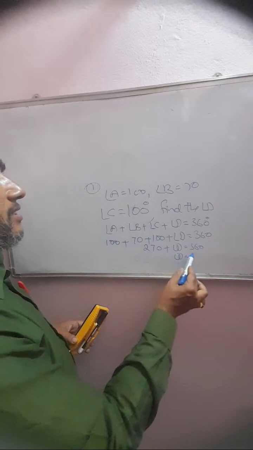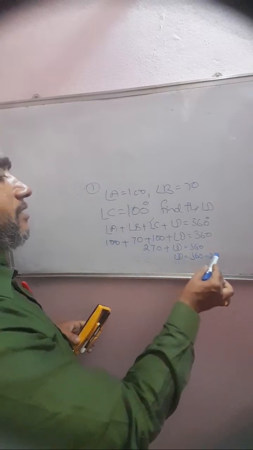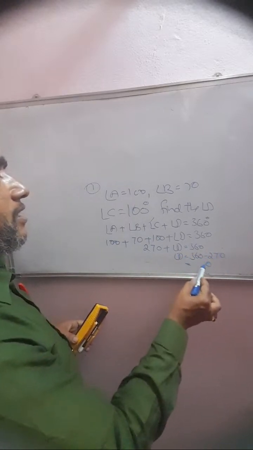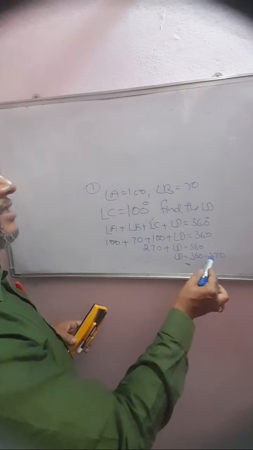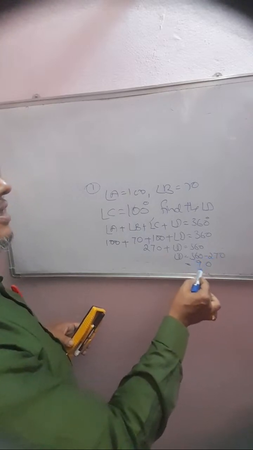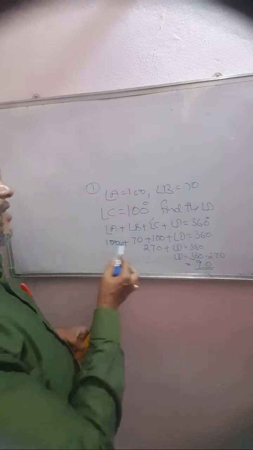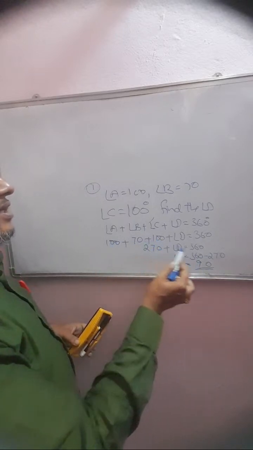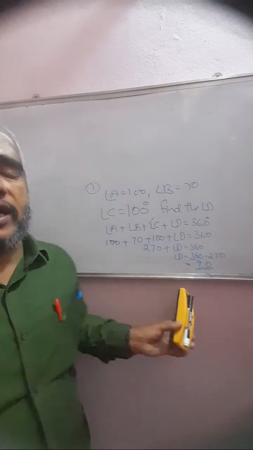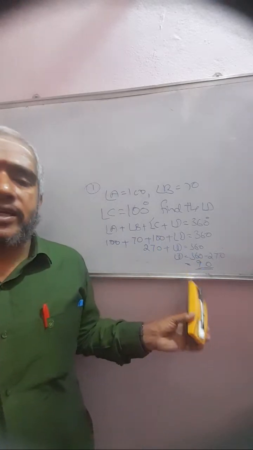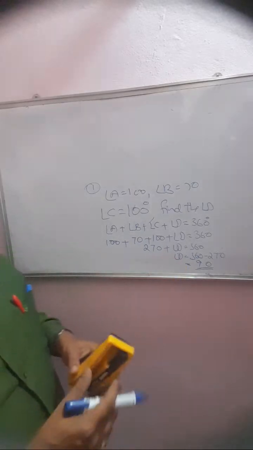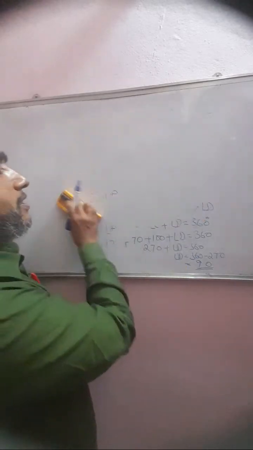So angle D is equal to 360 minus 270, which is 90. So the fourth angle is 90 degrees.